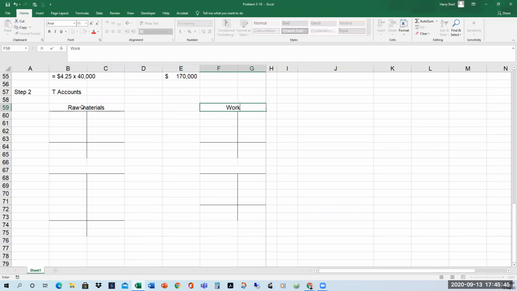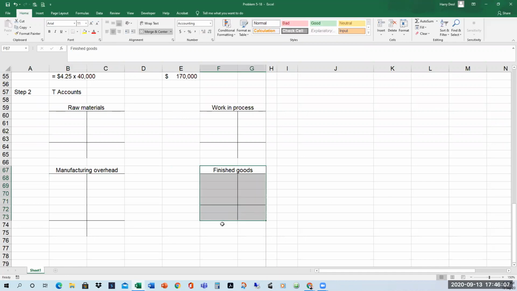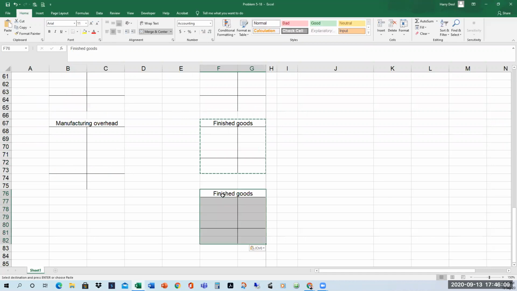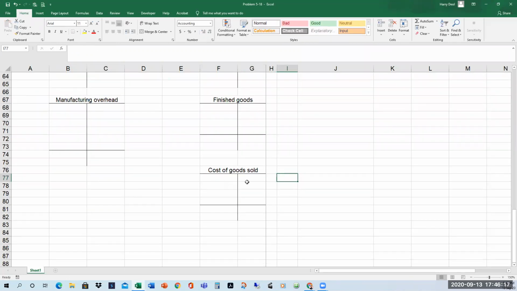so raw materials, work in process, finished goods, manufacturing overhead, cost of goods sold, and we can make a T account for sales.